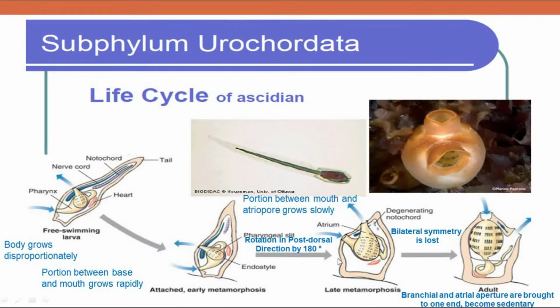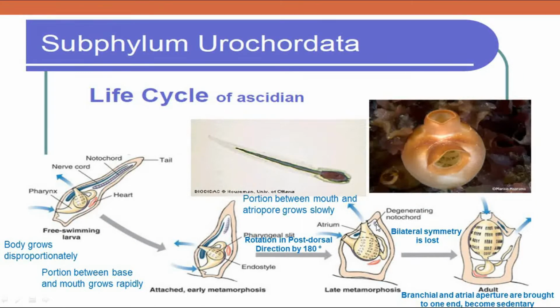Now you can see this portion has grown much, but this portion has not grown much. This is the base of the body, this is the mouth of the body. The area between the base and mouth grows rapidly, but the area between the mouth and atrium grows very slowly. That's why this rotation occurred in the body of the Ascidian.